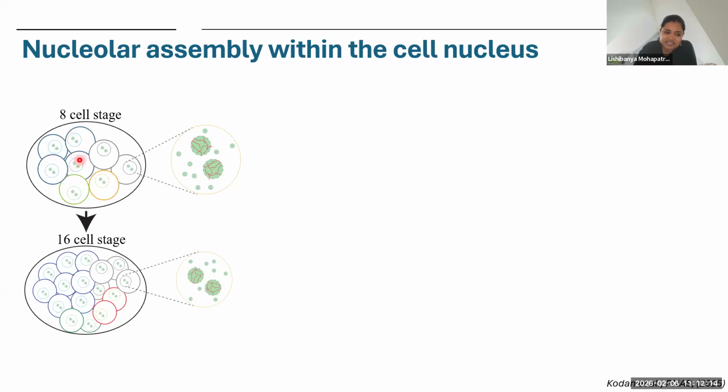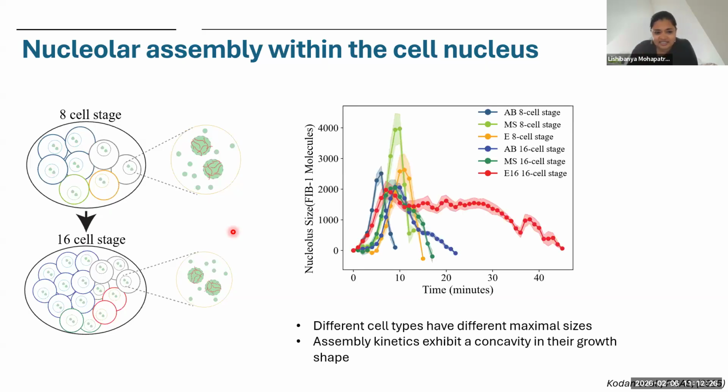So every cell division, these 4 AB type cells will divide into 8, for example. And that's how cell division is going to proceed. So let's look at what nucleolar assembly looks like in different cell stages. Some 8-cell stage cells are marked in these colors, and the 16-cell stages are marked in this particular color.